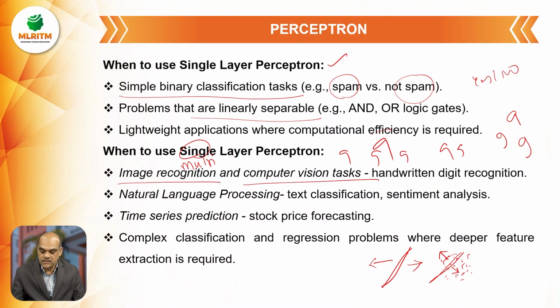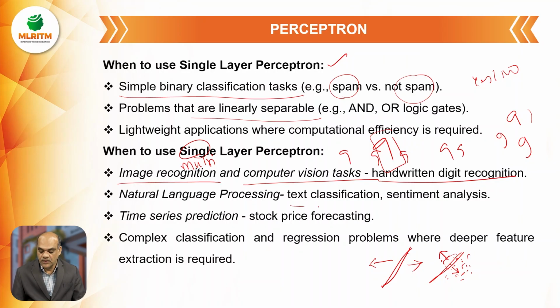So when the system is going to read this particular character, it has to identify it, because the handwriting of one person may vary from another person. So if you write the digit in any format, that particular system is going to identify exactly what kind of digit that is. So in such cases, we can apply the multi-layer perceptron.